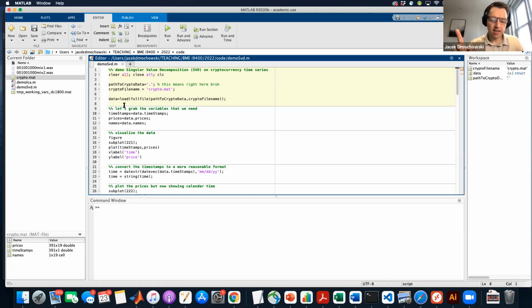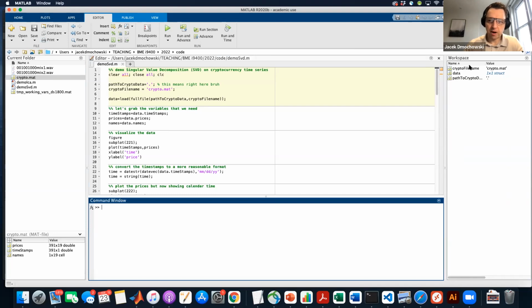It may be different on Windows, maybe Control Enter or Shift Enter. Give me just one second. So I've executed the first cell here.